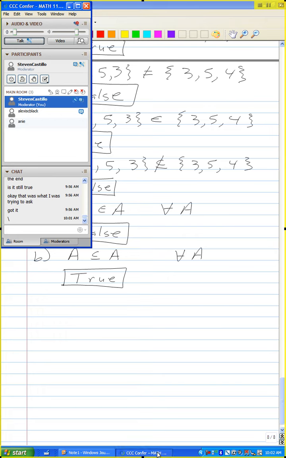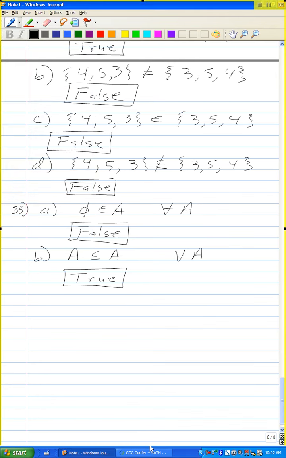Okay, let me do part C. Is 2 a subset of the set {1, 2, 3}?